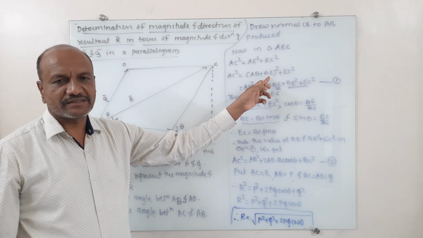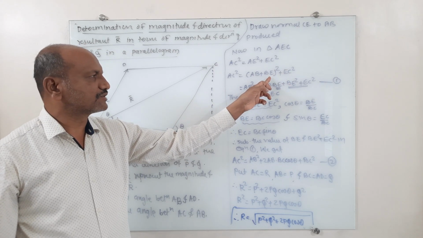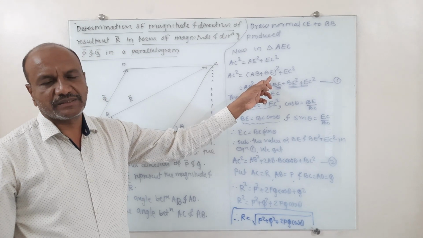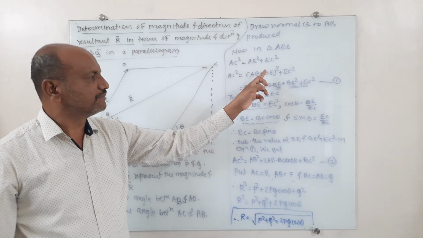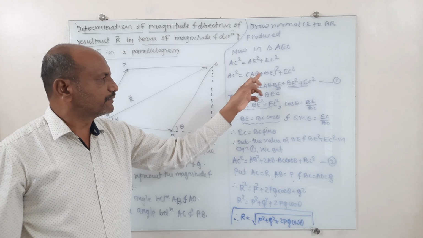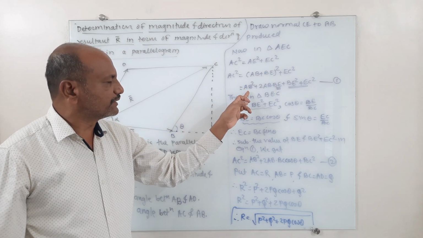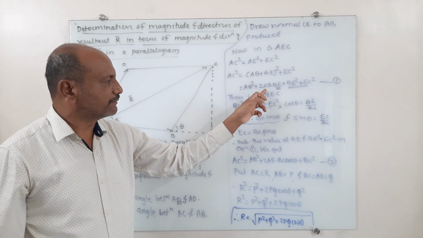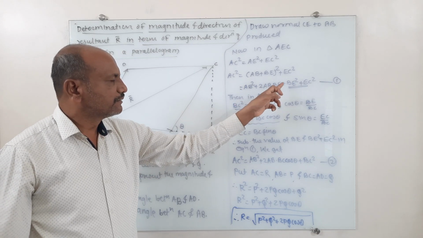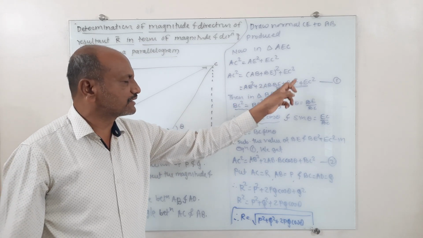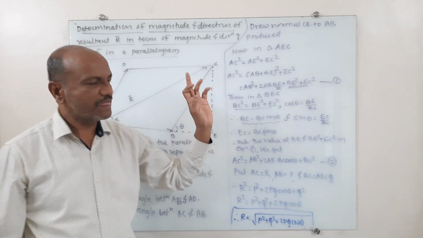Solve this bracket. Just like (A plus B) whole square is equal to A square plus B square plus twice AB, in a similar way here, (AB plus BE) whole square is equal to AB square plus twice AB into BE plus BE square, plus EC square.